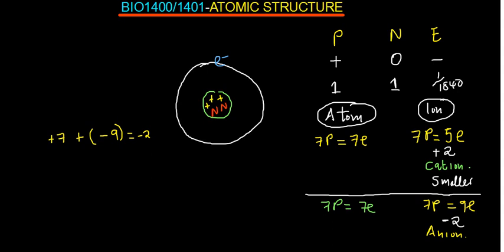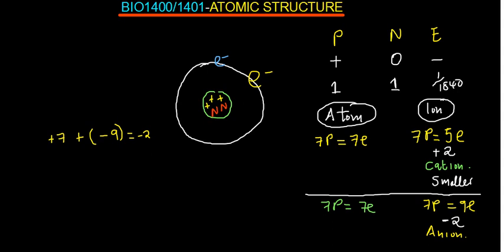And because you have a lot of electrons, it means that the protons in the nucleus, which are supposed to be pulling these electrons, are not going to be enough. You are going to have 7 protons pulling 7 electrons. What of the extra 2 electrons? What is going to be pulling them? There's nothing pulling them.